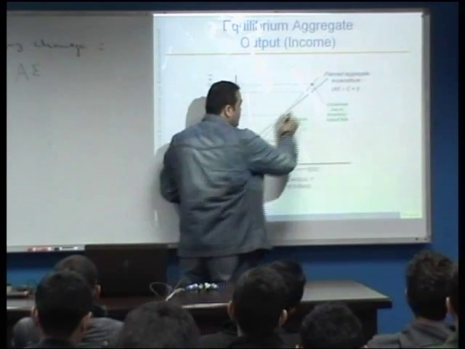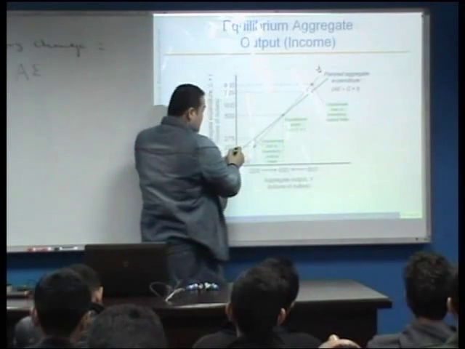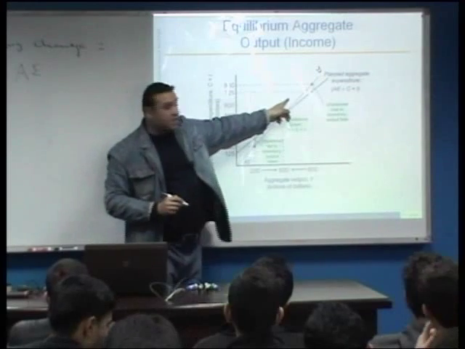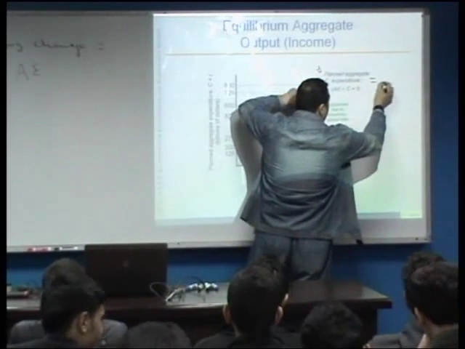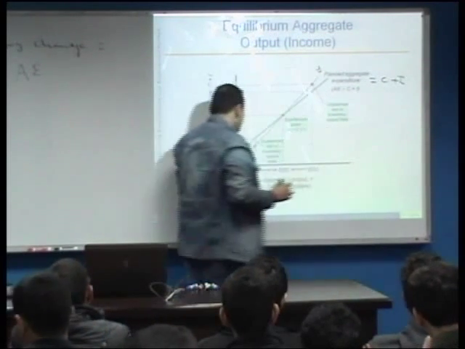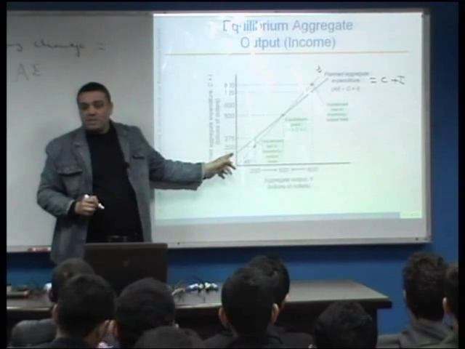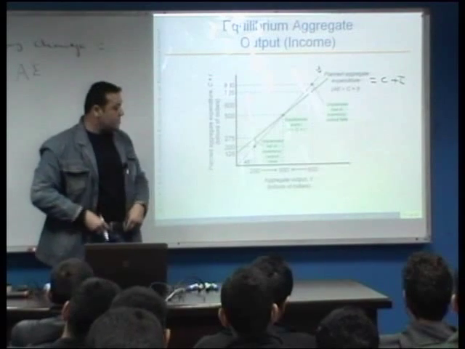The Y function, this is Y, and this is what? The aggregate expenditure, or the planned aggregate expenditure function, which is C plus I. Starts from 125, right?